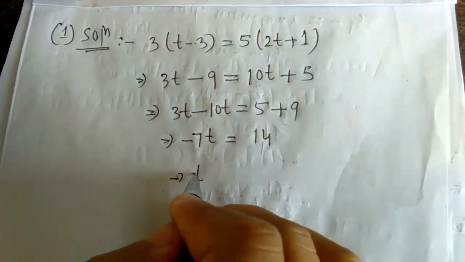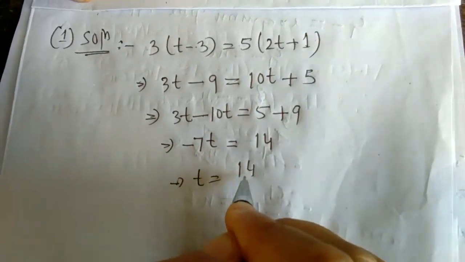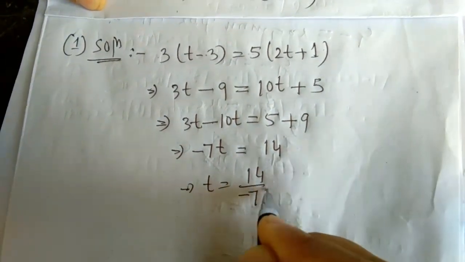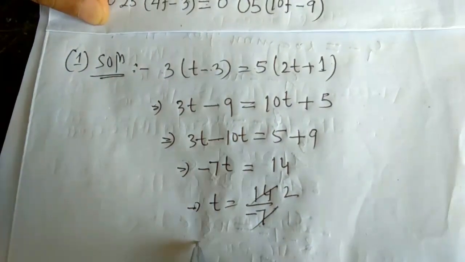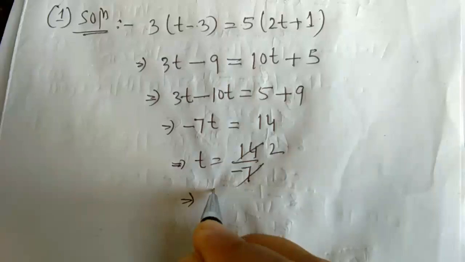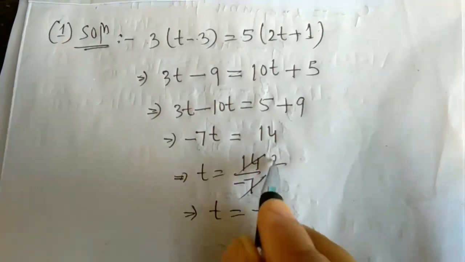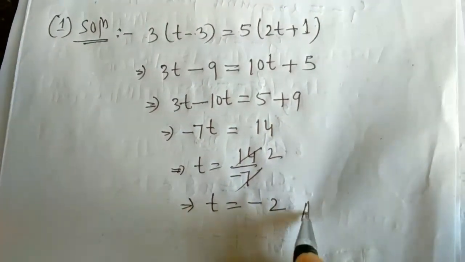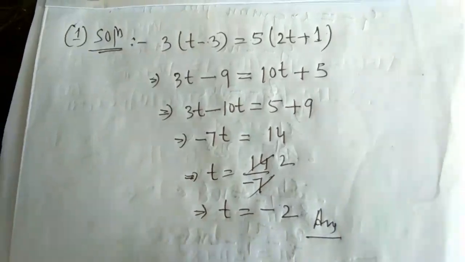Implies t equals 14 by minus 7. Cancel 7 into 14, implies t equals minus 2. This is the answer. Okay, number 1.